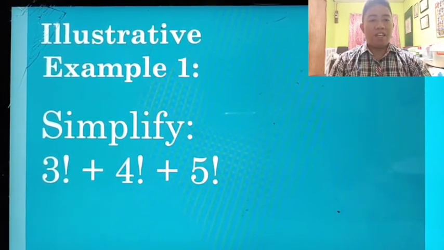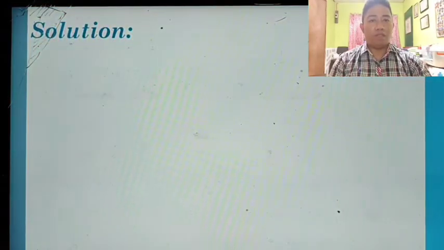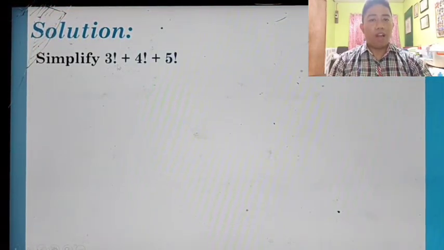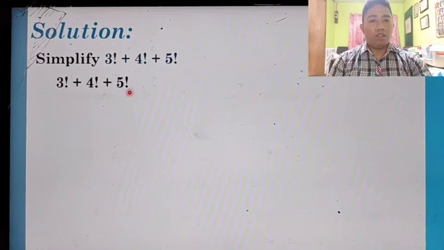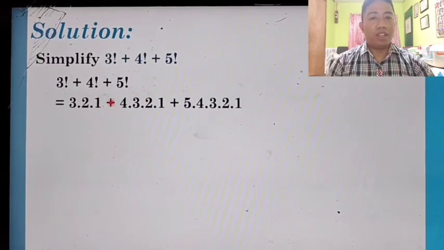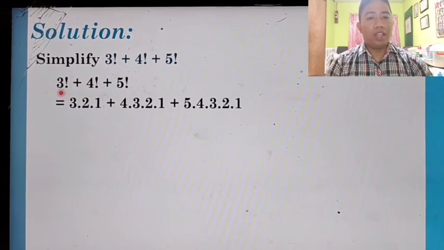To simplify this mathematical expression, here is the solution. First, we put the given first. Then we express the given factorials in their factor form.